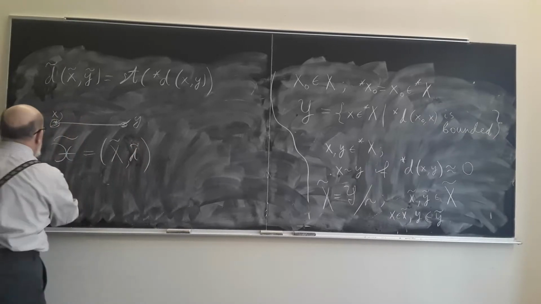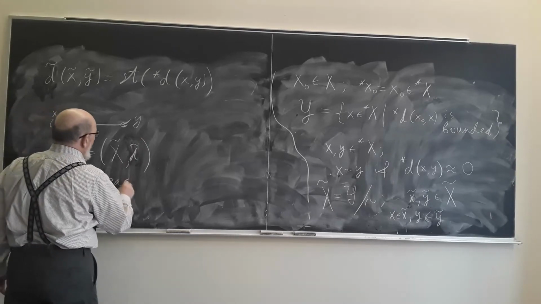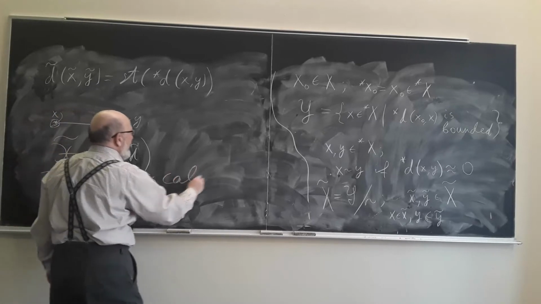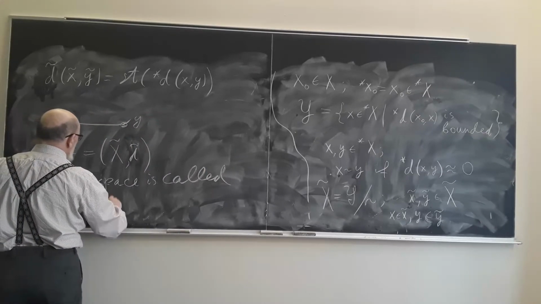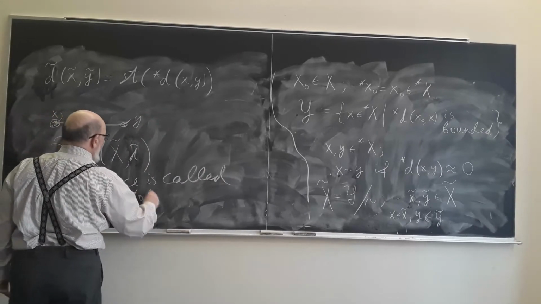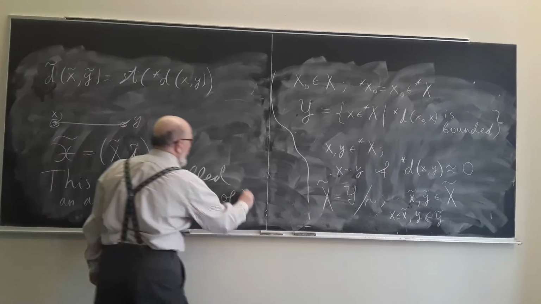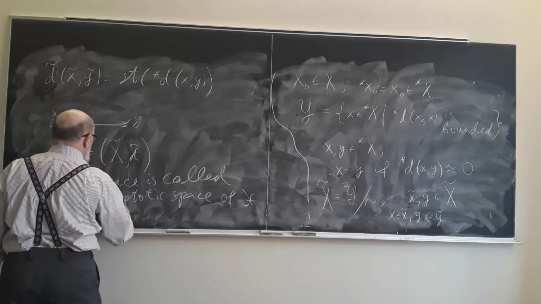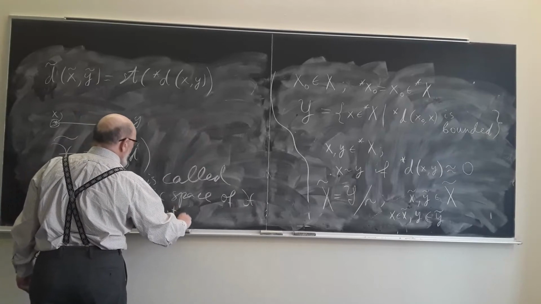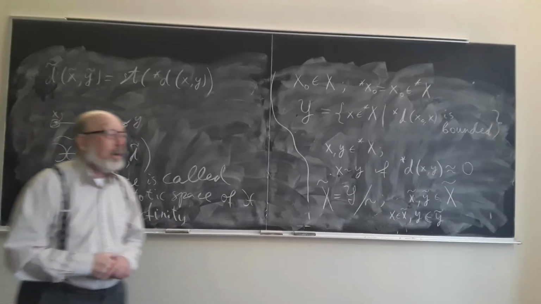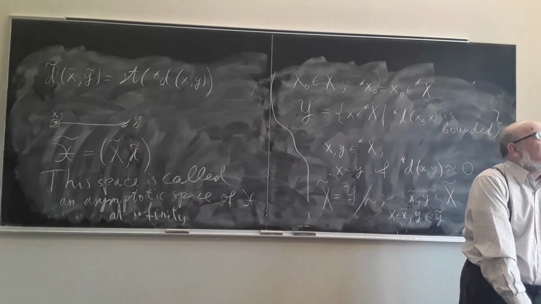So this space is called an asymptotic space of x at infinity.